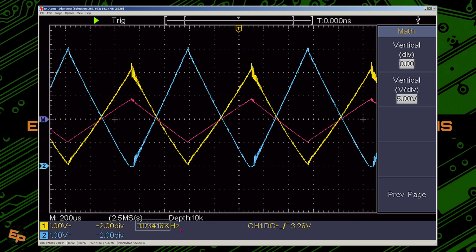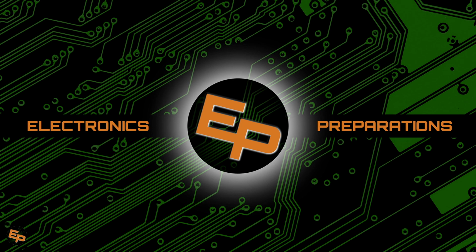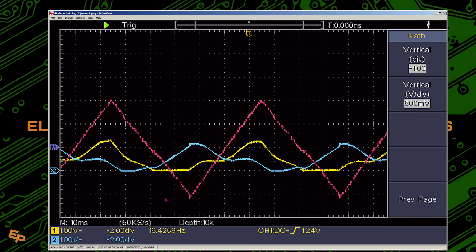Here is 1 kilohertz frequency, and that's pretty much it. I can show you a few more examples. This is at very low frequencies, at 16 hertz, with Schottky diodes.